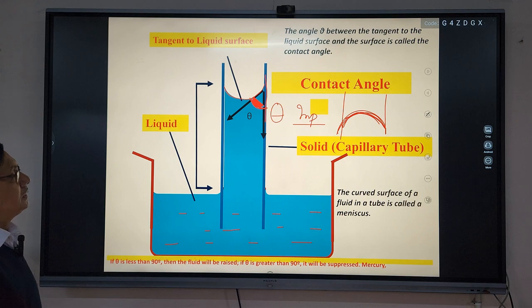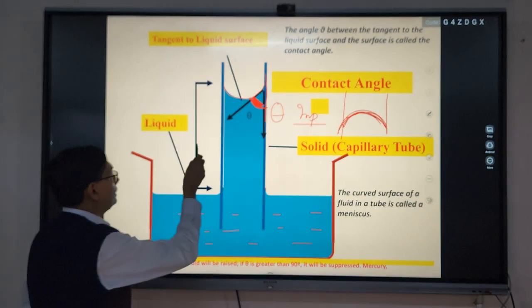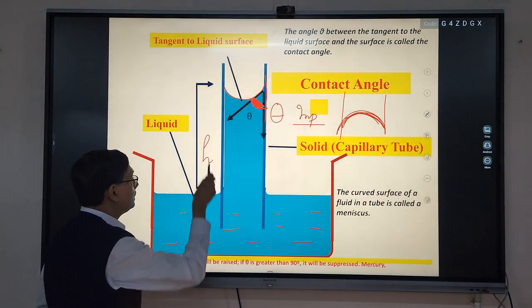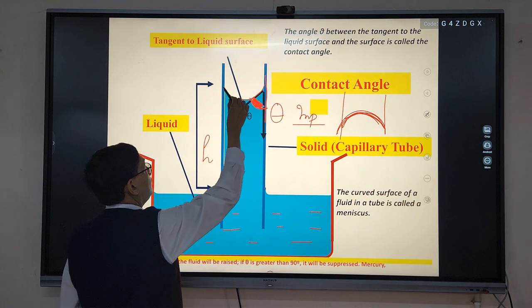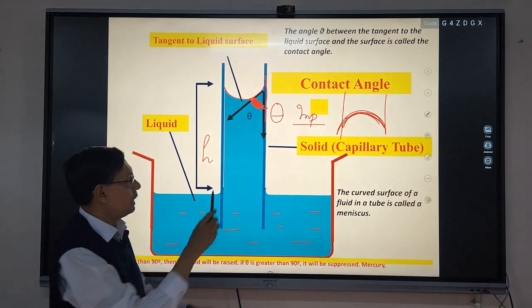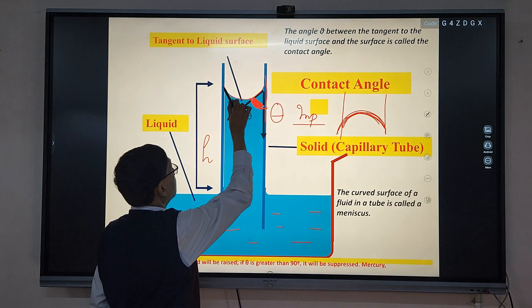So with the help of this Laplace and Young equation, we are also able to calculate the height of this meniscus. If you take a glass of water, you will see such things.